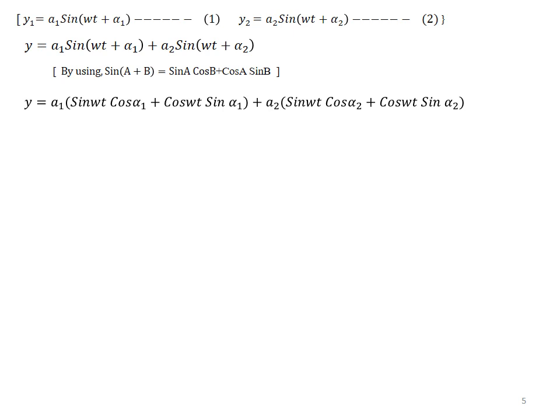Then rearranging these expressions, we get y is equal to (a1 cos alpha 1 plus a2 cos alpha 2) sin omega t plus (a1 sin alpha 1 plus a2 sin alpha 2) cos omega t.